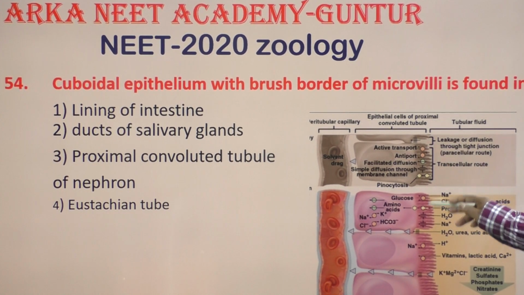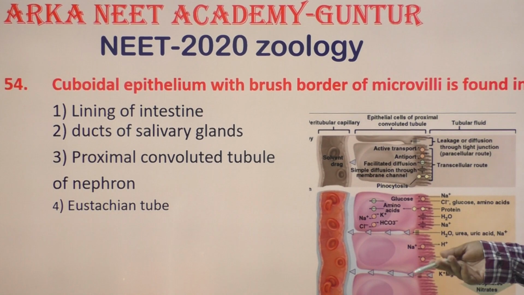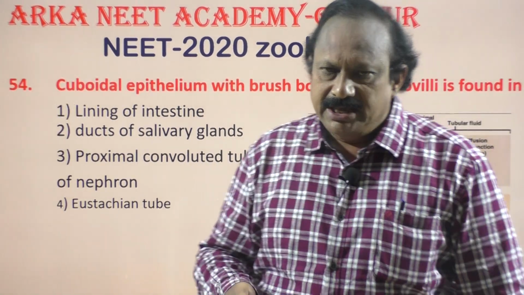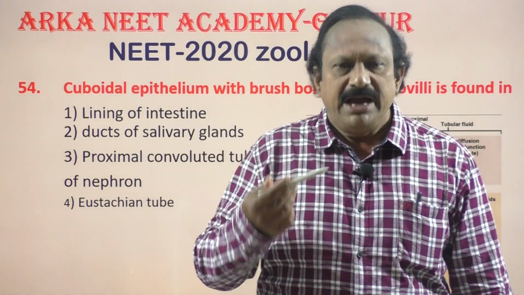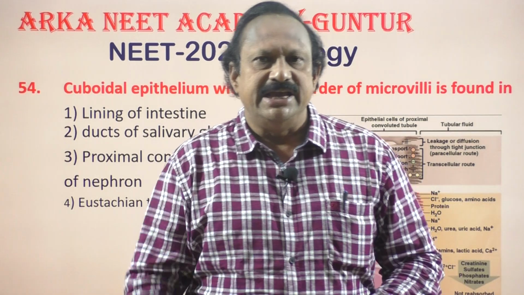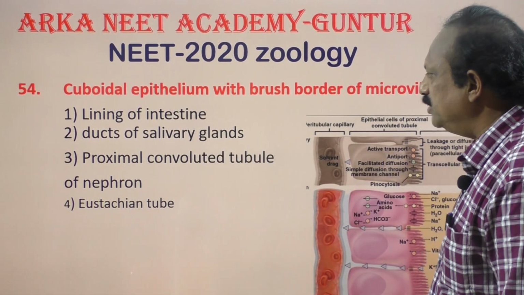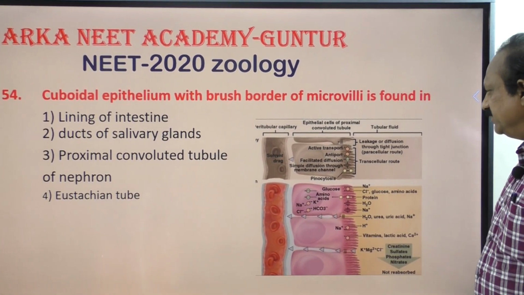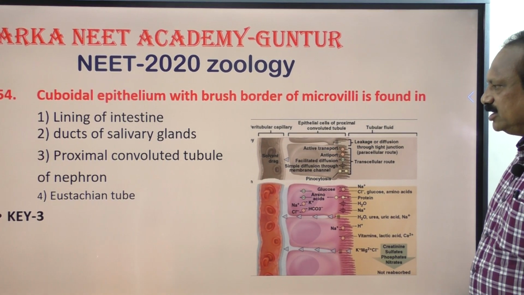Microvilli form the brush border, and they increase the area of absorption. In the nephron, the PCT is made of simple cuboidal epithelium with microvilli, which increase the area of absorption. Therefore, the proximal convoluted tubule of the nephron bears the cuboidal epithelium with microvilli. So the correct option is 3.